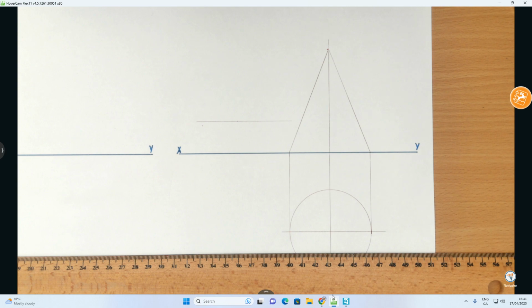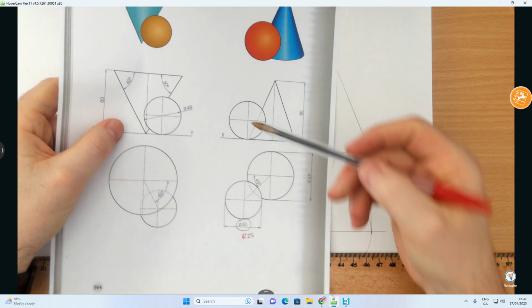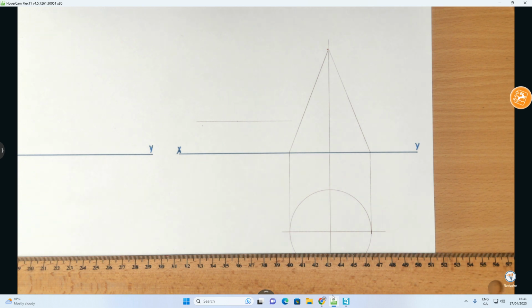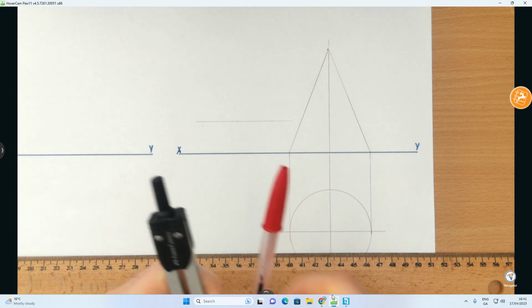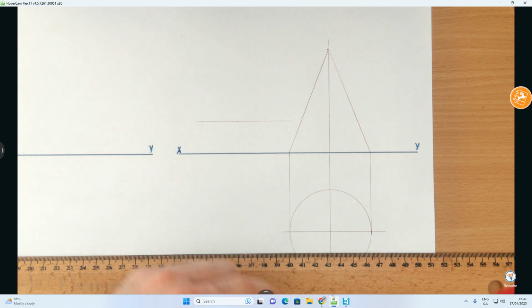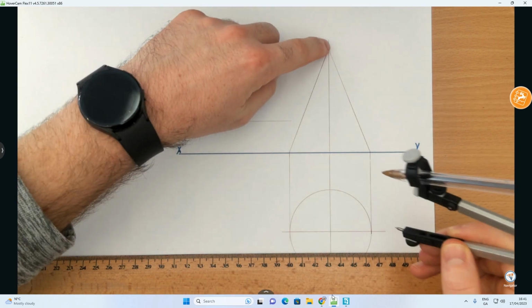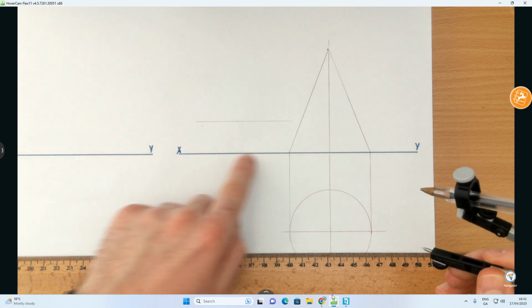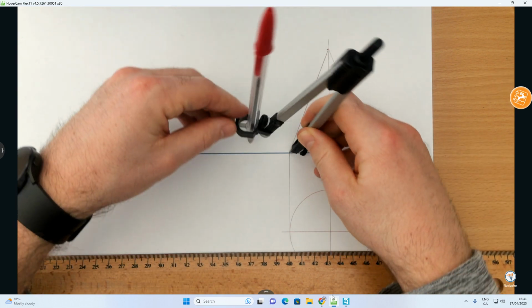The problem we have is we cannot determine the exact position just yet. So we're going to put in a ghost sphere touching the extreme generator, if we imagine it at the exact left-hand side of our object. The angle that's created between the extreme generator and the XY line, I'm going to bisect that angle.